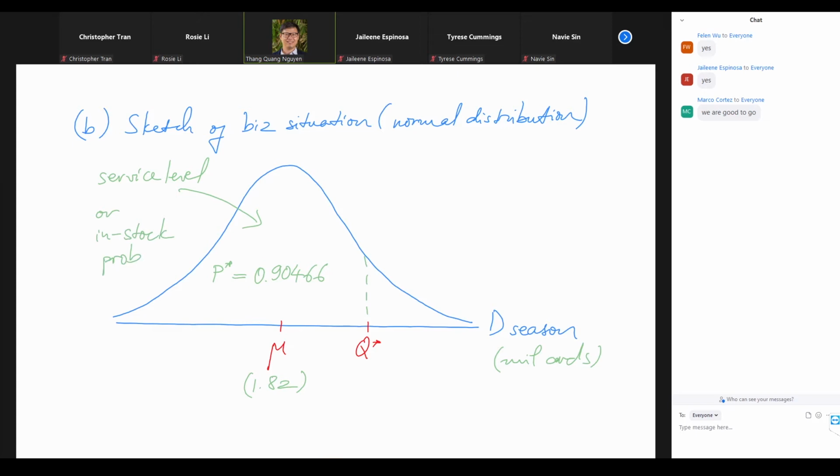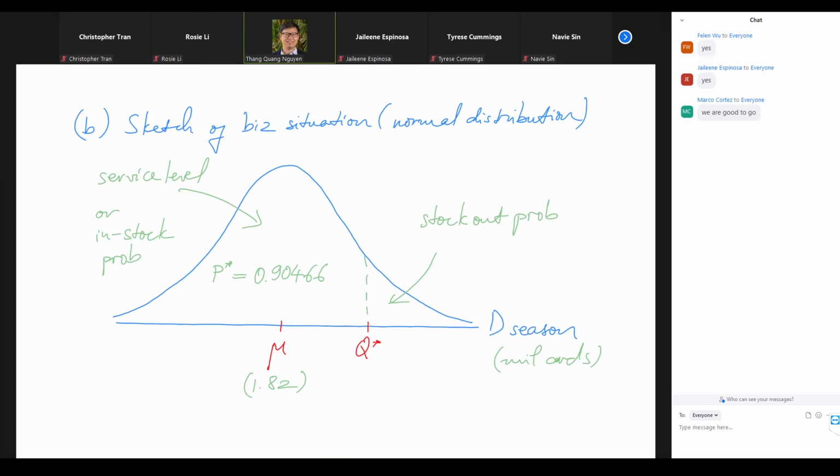Either way, service level or in-stock probability. And on the other side, we're going to have the stock-out probability. So that's the sketch of the decision that we made earlier.